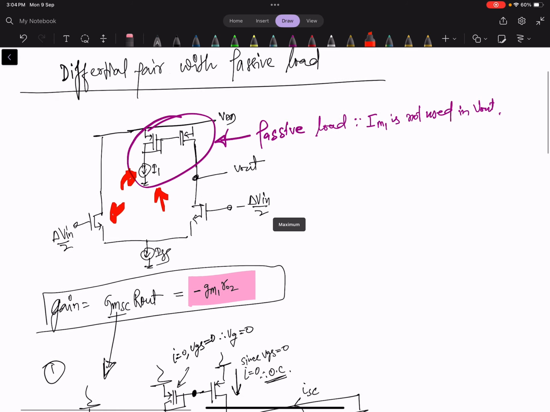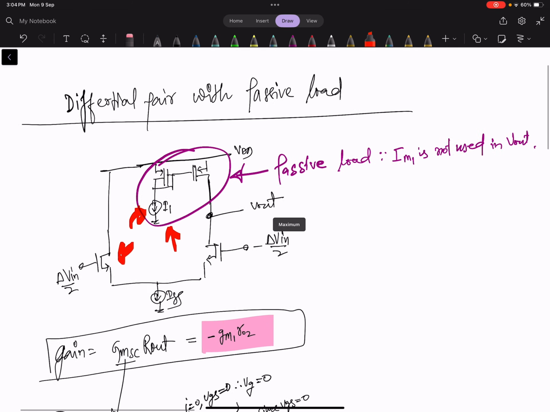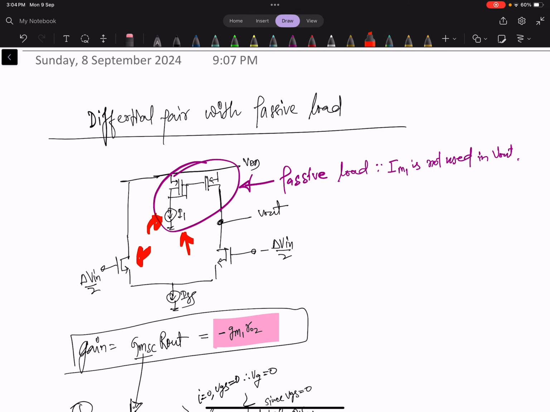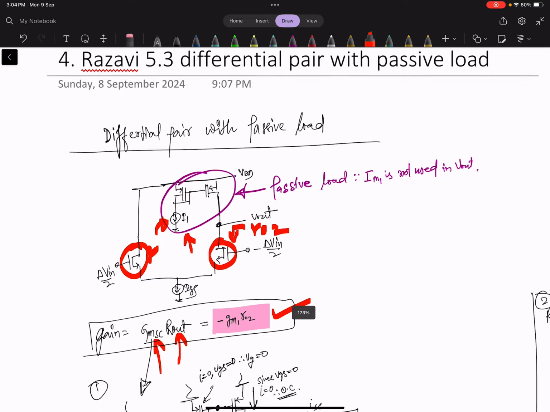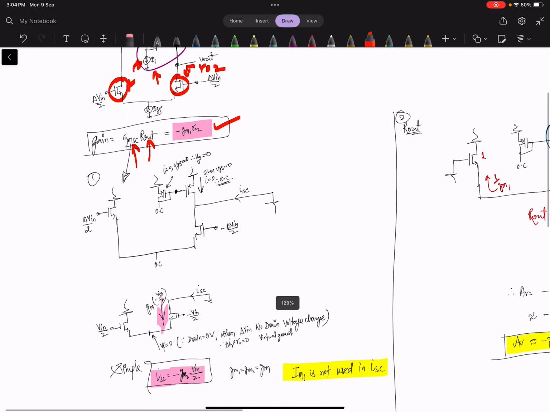This is our figure, and we know that gain will be calculated from short circuit transconductance and R out, both multiplied, and the answer we will get is Gm of these two devices multiplied by r_o2. That will be the R out value, but let's see how we can derive it.